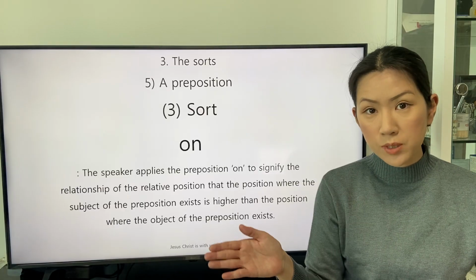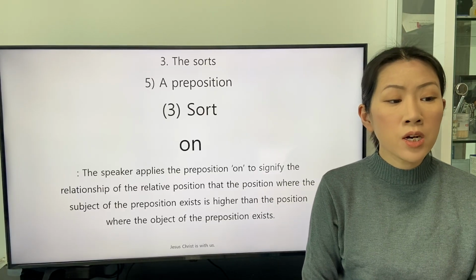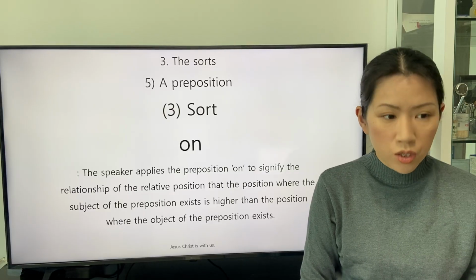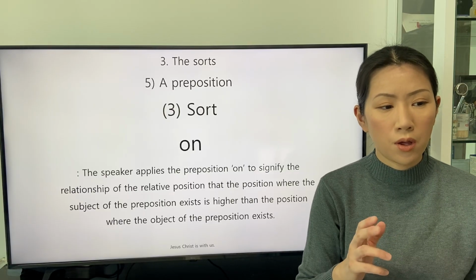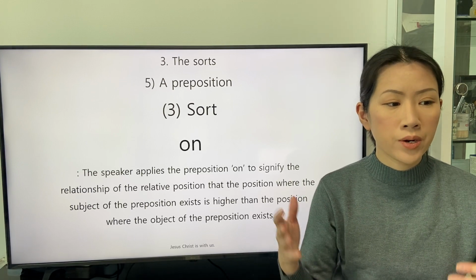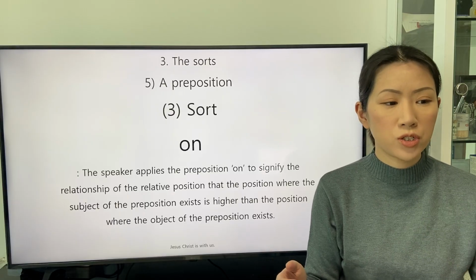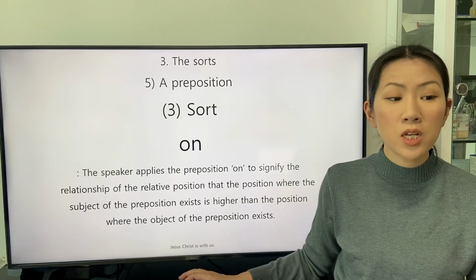The next preposition we will study is the preposition on. The speaker applies the preposition on to signify the relationship of the relative position, that the position where the subject of the preposition exists is higher than the position where the object of the preposition exists.